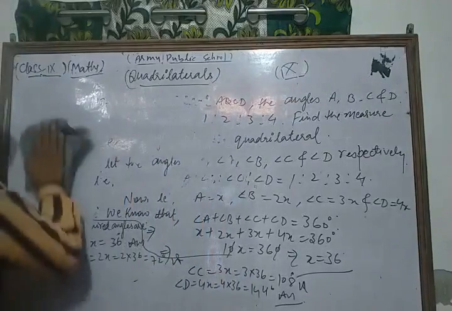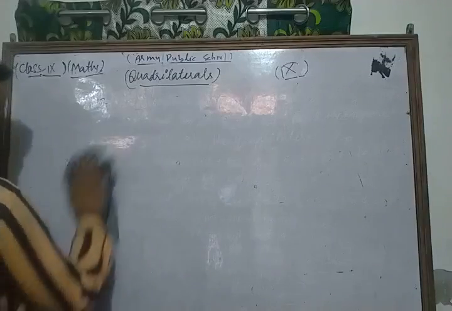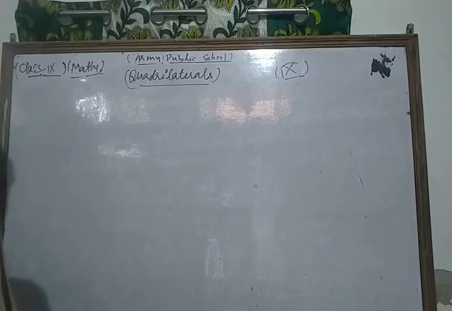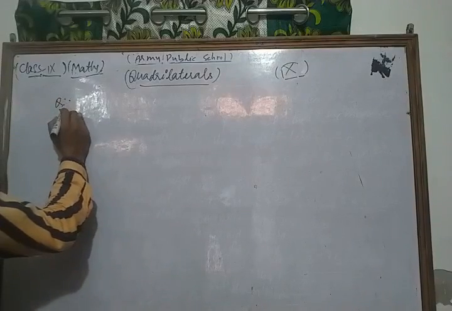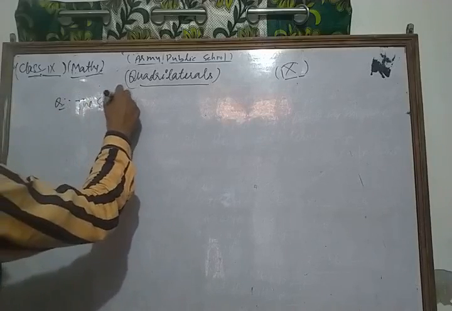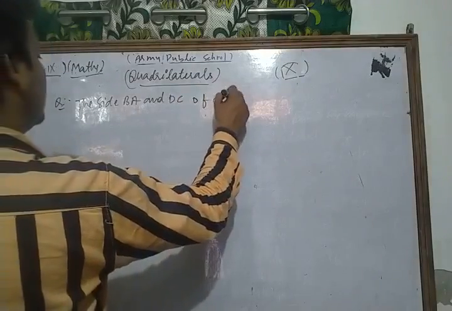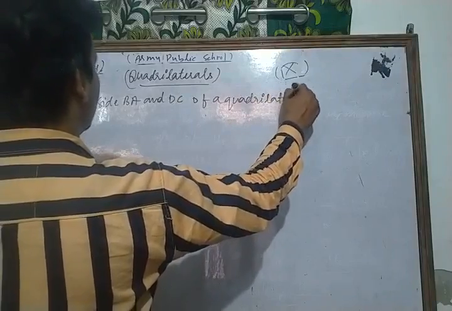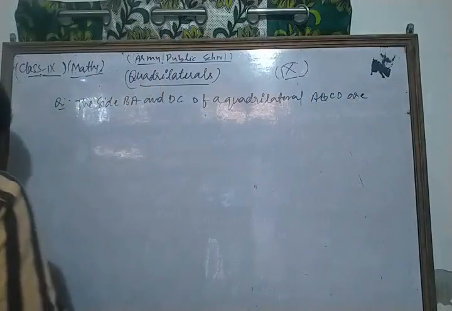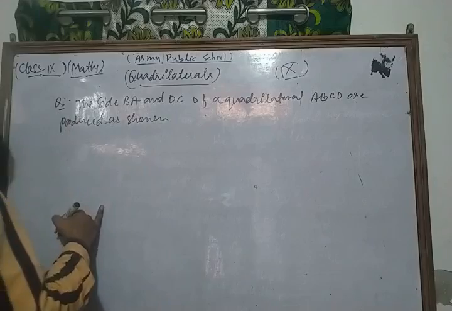Now we take and solve some important questions related to the quadrilateral, and your question is: the sides BA and DC of a quadrilateral ABCD are produced as shown in the figure.